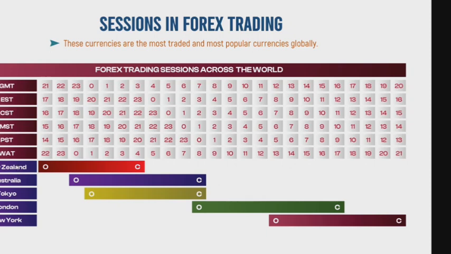So we can see that New Zealand opens at 21 GMT and closes at 3 GMT. Then we have the Australian session, which opens at 23 GMT and closes at 7 GMT. We have the Tokyo session, which opens at 0 GMT and closes at 7 GMT.